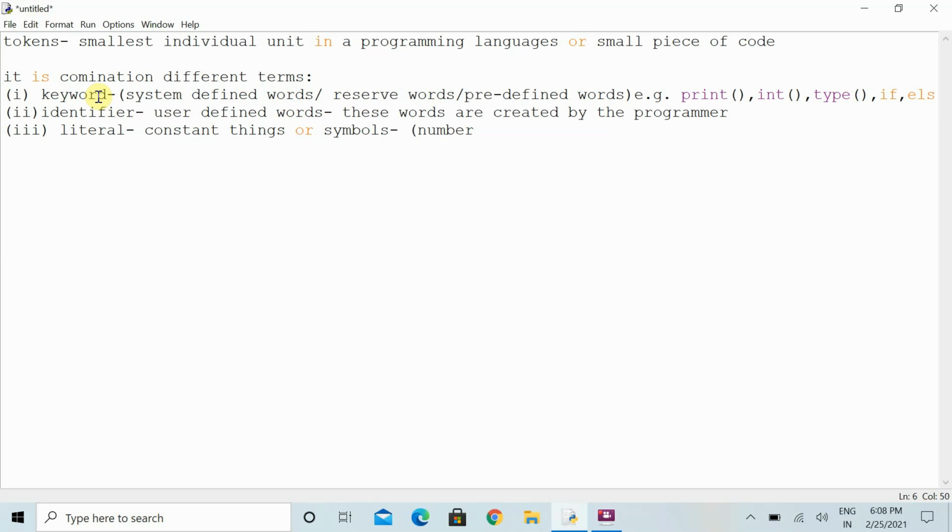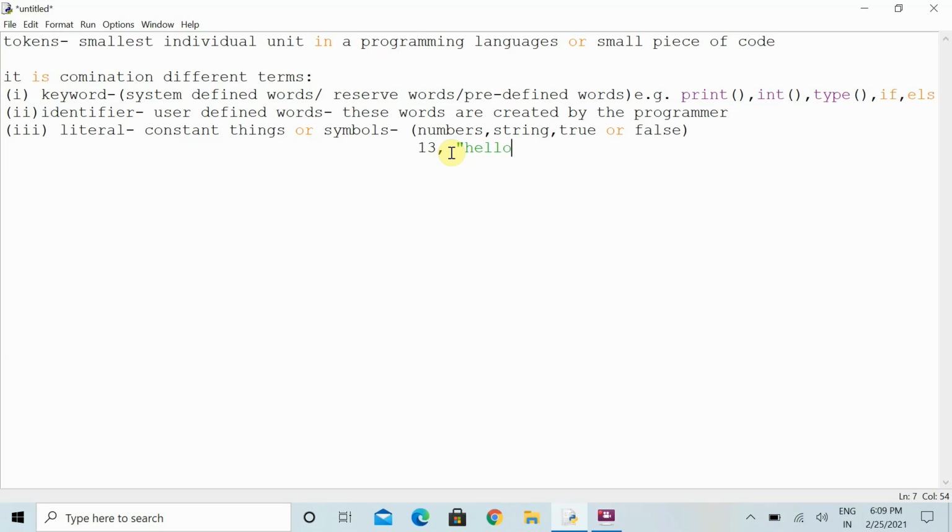Literals can be in the form of numbers, strings, or true or false. All these come under the literal category. Let's take an example to understand the concept of literal. Suppose I write 13, that is a literal, but what type? This is a number type literal.